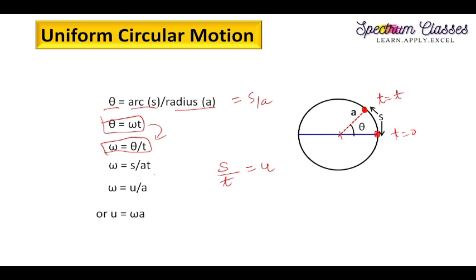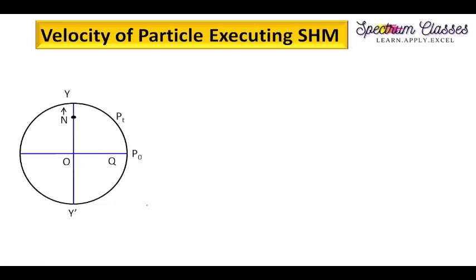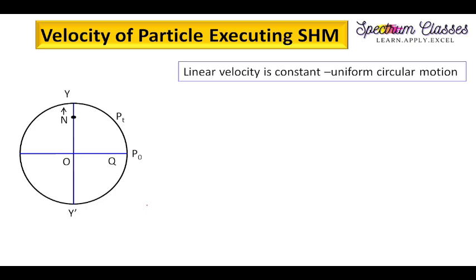We can also write that u, the initial velocity, is equal to omega a. So wherever we have the initial velocity, we will replace it by omega a, where a is the radius of the circle. This is a very important relationship which we are going to use while determining the velocity of a particle executing simple harmonic motion.